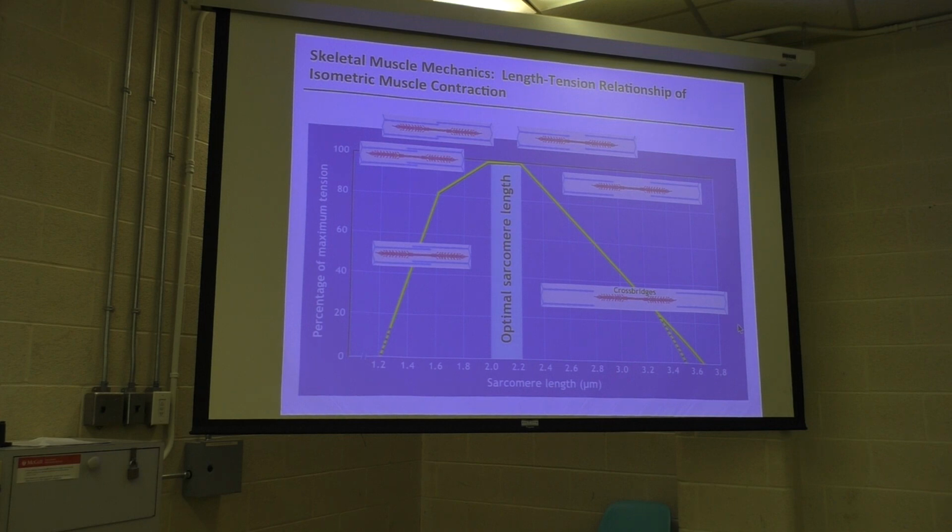So can anyone tell me what, within each sarcomere, is the thing that generates the force? There's a certain structural relationship that occurs, and that's what generates more or less force. Basically, can someone explain this to me really quickly?